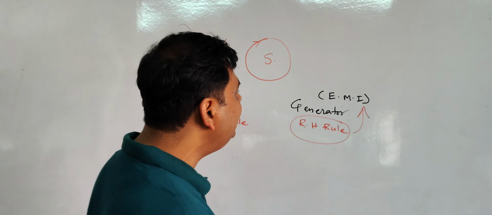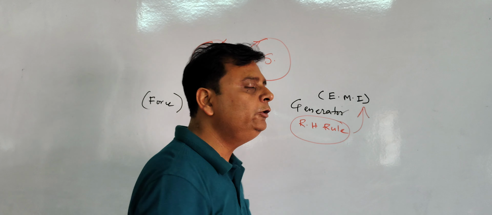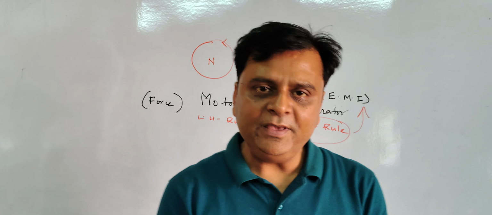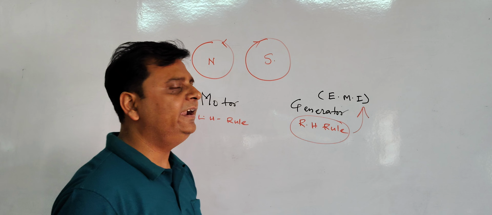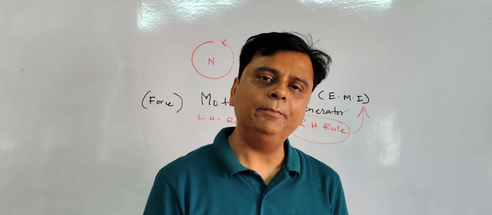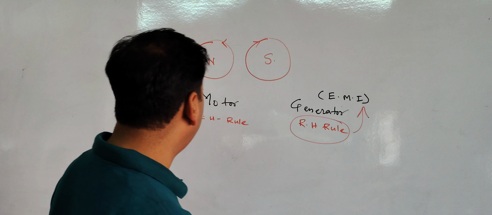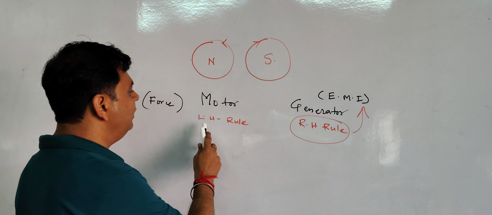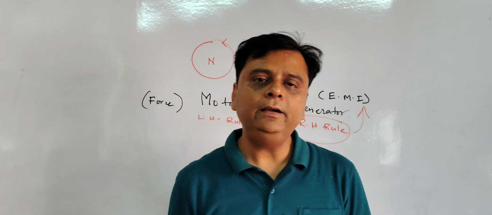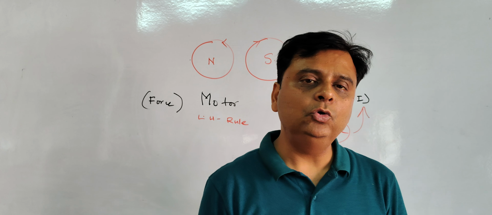When you see electromagnetic induction involved, you use the right hand rule. So these are the three rules: the thumb rule, Fleming's left hand rule and Fleming's right hand rule. These rules help us find the direction of the induced EMF, current and magnetic field. Remember, for the LH rule and RH rule, the magnetic field, current and force or motion are all mutually perpendicular to each other.